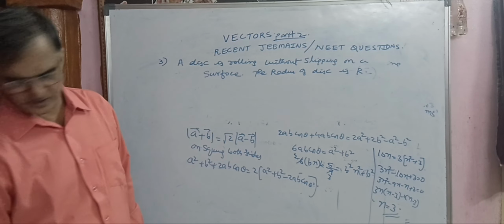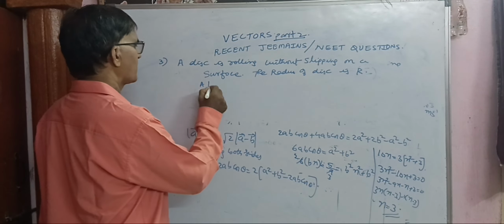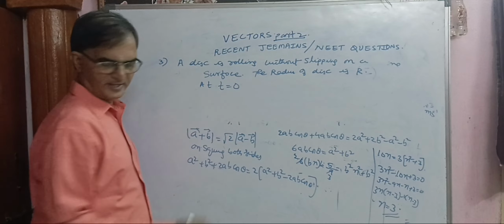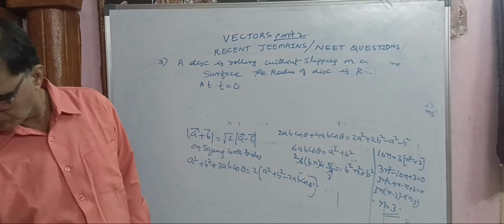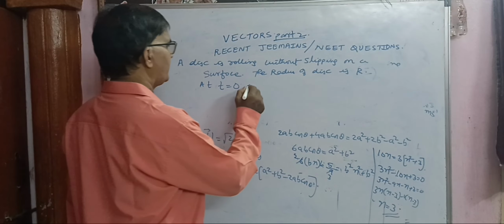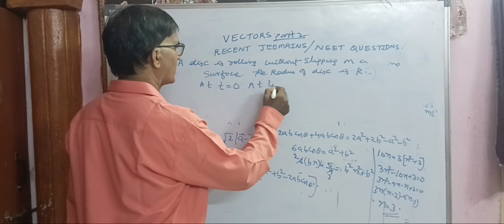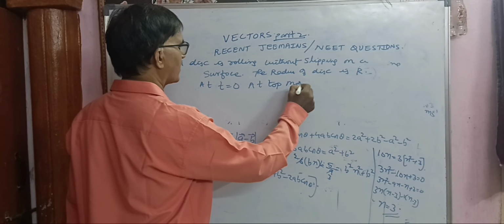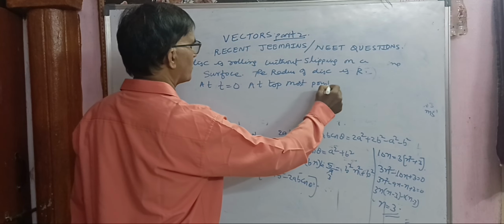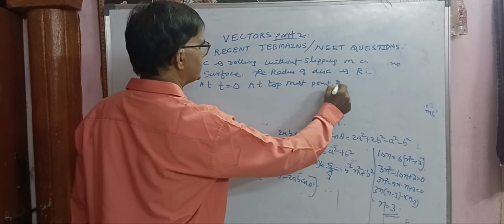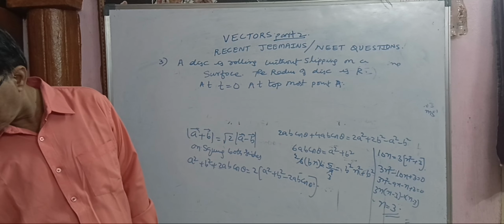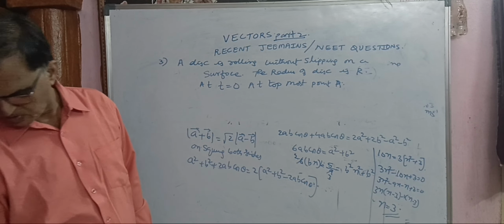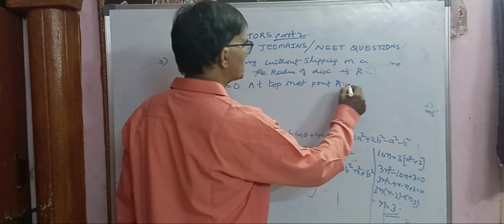At t is equal to 0, the topmost point is A, as shown in figure.